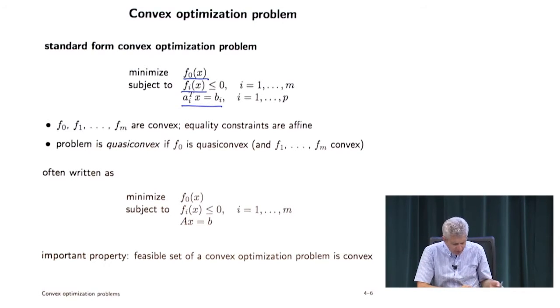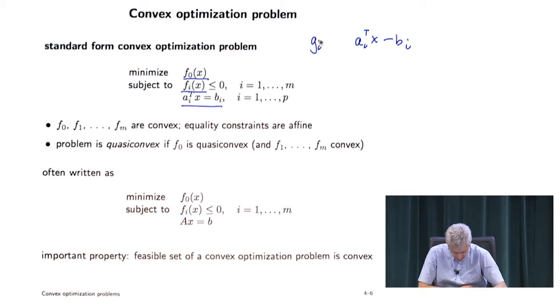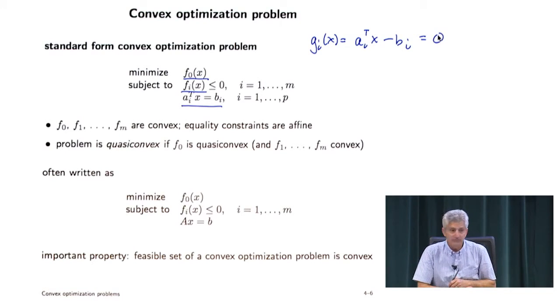So it's normal for people to write it this way, but if you like, you could write this as ai transpose x minus bi. You would define this to be gi of x, and that's equal to 0, something like that, okay? You'd define these functions this way. But it's more common to write it that way.